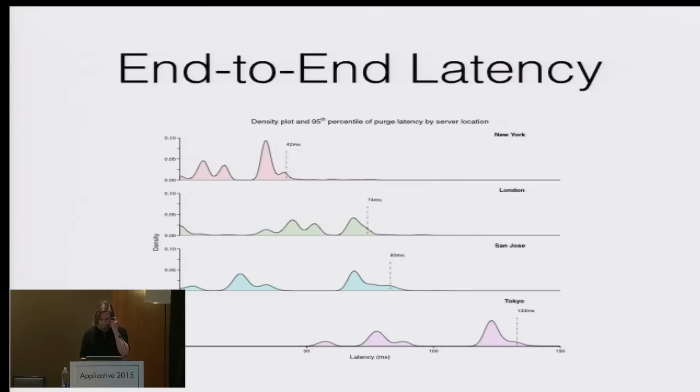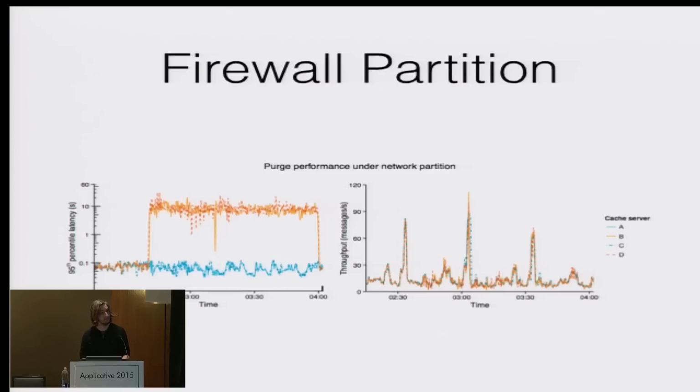So how does this actually behave in bad situations? Here is an example of what happens when we misconfigure a firewall. This prevented two of the servers, B and D, from communicating with anyone outside of their data center. A and C were unaffected. You can see that for a while, the latency for B and D spiked quite a bit.